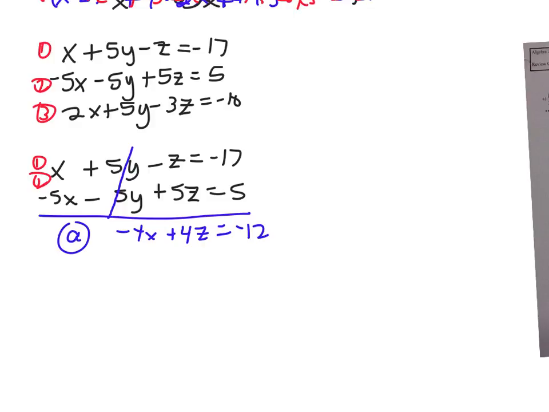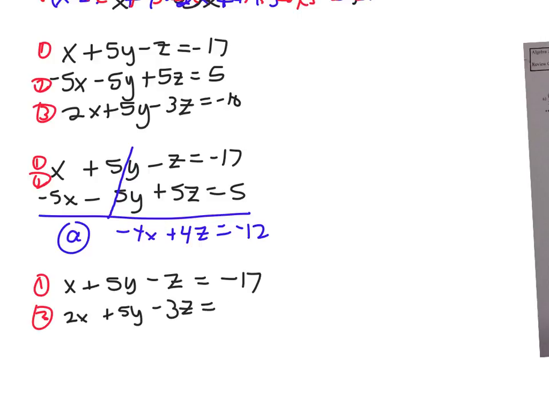All right, let's take a look at 1 and 3. So 1 is x plus 5y minus z equals negative 17. And 3 is 2x plus 5y minus 3z equals negative 10. I noticed that my y's are the same. I just need one of them to be negative.